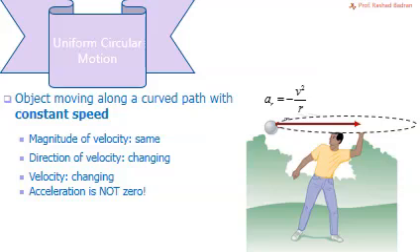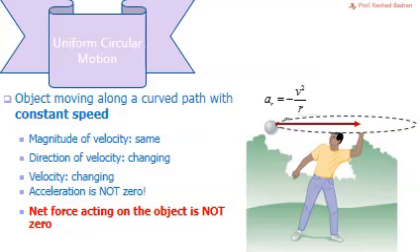What causes this motion is a net centripetal force, and in this case it is the tension in the rope. It's the only centripetal force acting on the object as it is attached to the object.